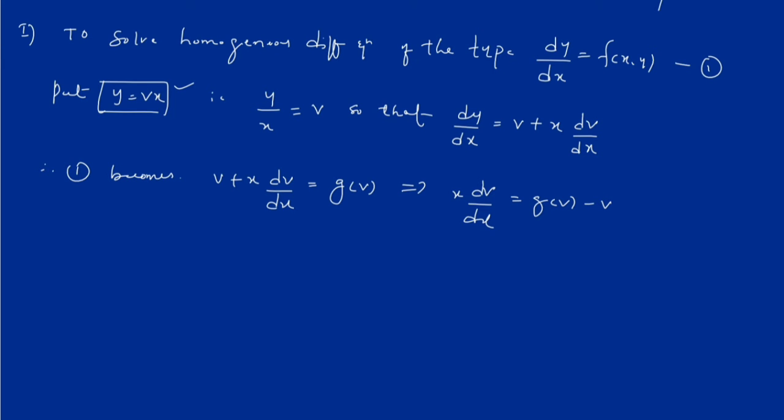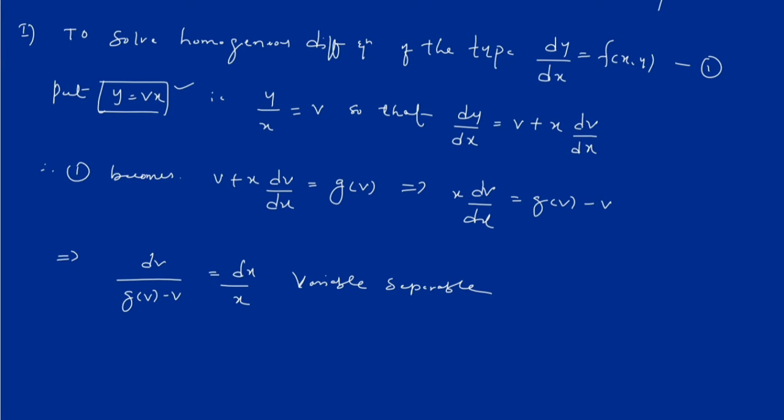So now it is variable separable. Already you know well, in the previous lecture we studied variable separable. If we separate the variables, we get dv by g of v minus v equals dx upon x.